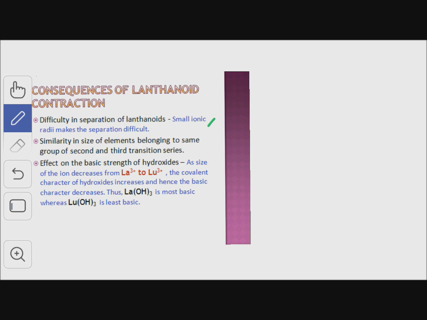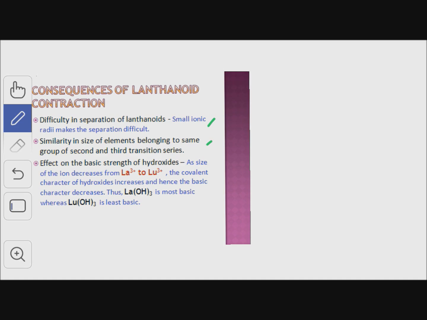The next consequence of lanthanoid contraction is similarity in size of elements belonging to the same group of the second and third transition series.